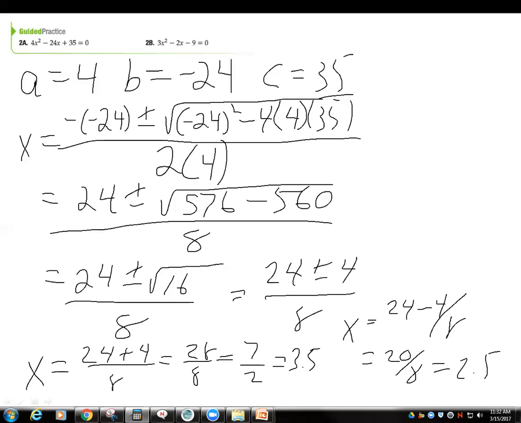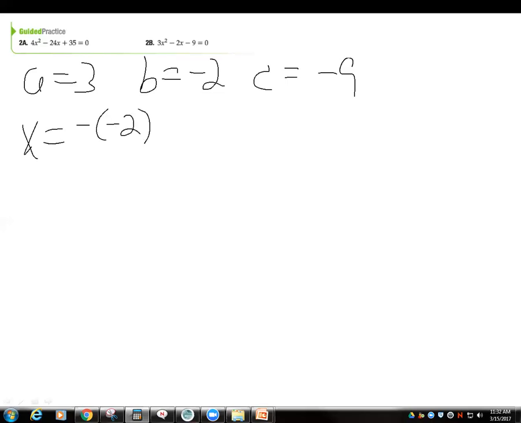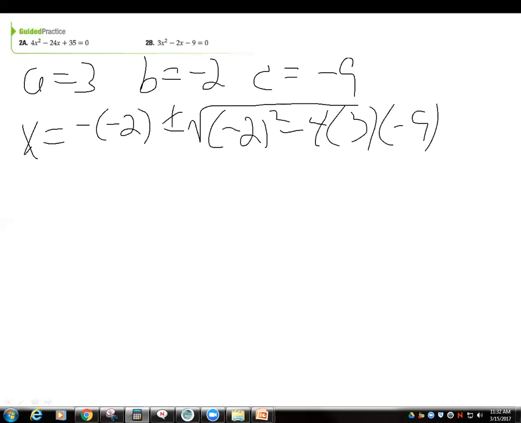All right. The next one, a is 3, b is negative 2, c is negative 9. So it'd be x equals the opposite of negative 2 plus or minus the square root of negative 2 squared minus 4 times 3 times negative 9, all over 2 times 3.